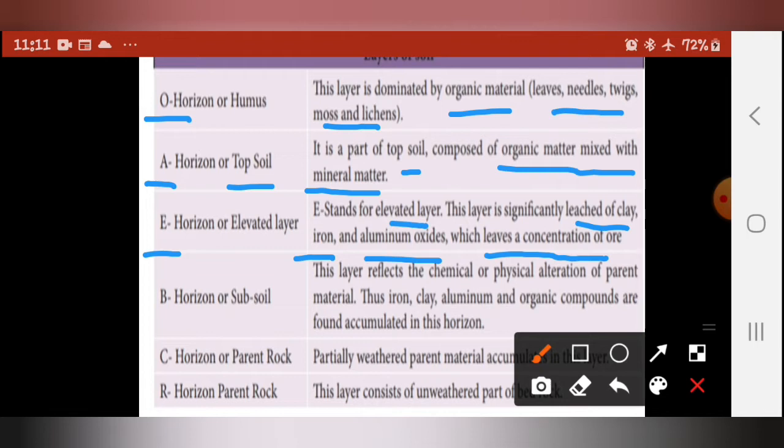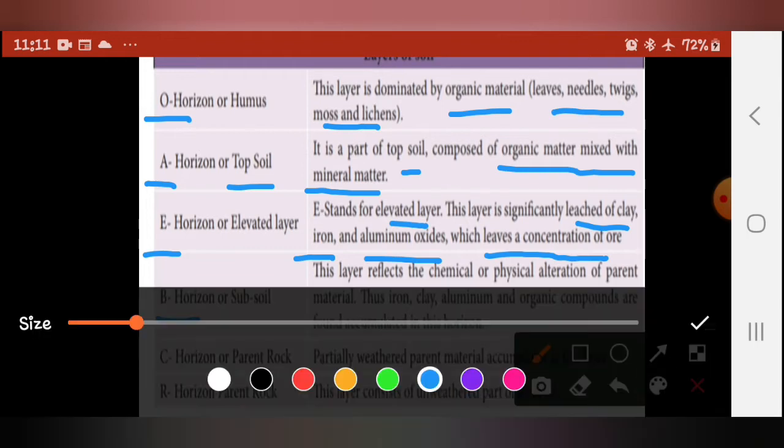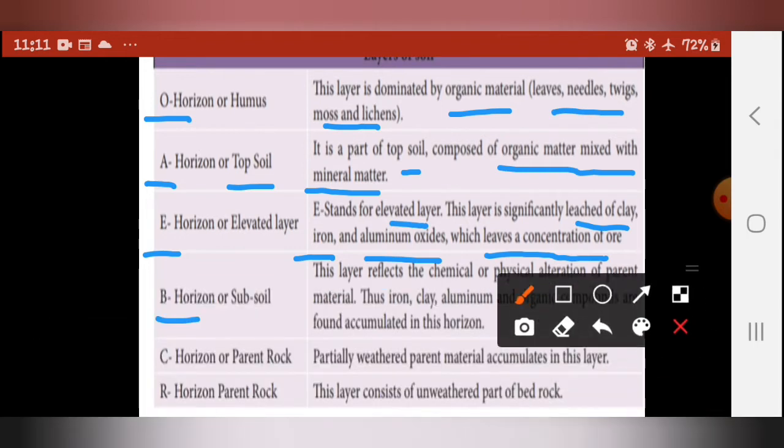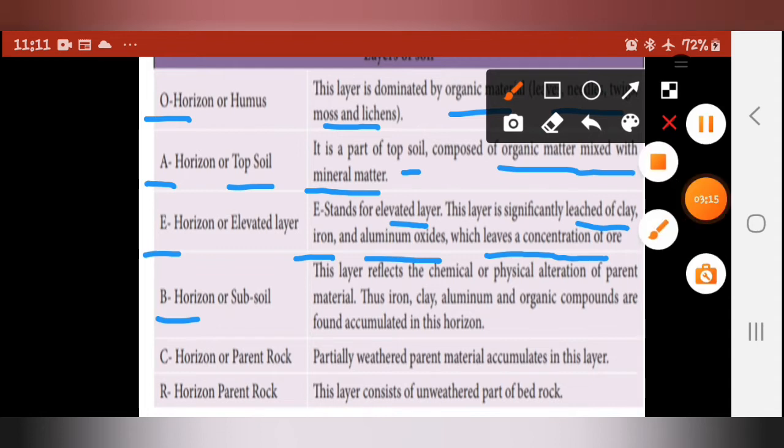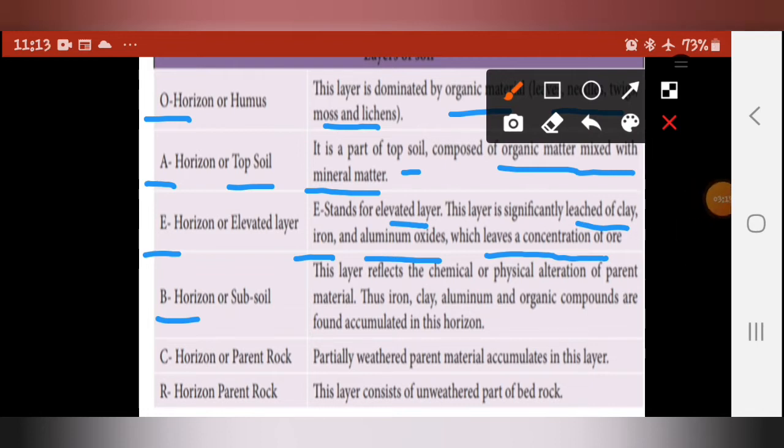And next is B. B stands for horizon or subsoil. This layer reflects the chemical or physical alteration of parent material.